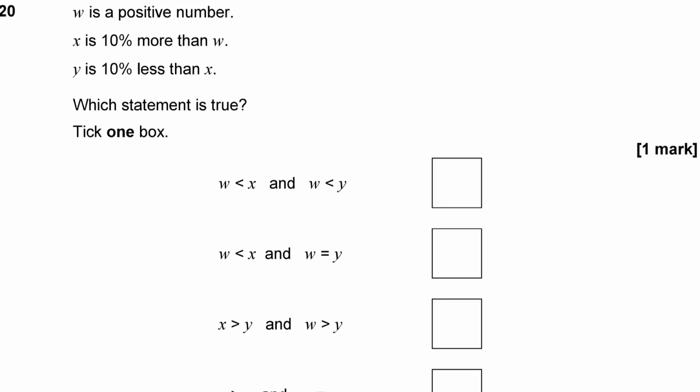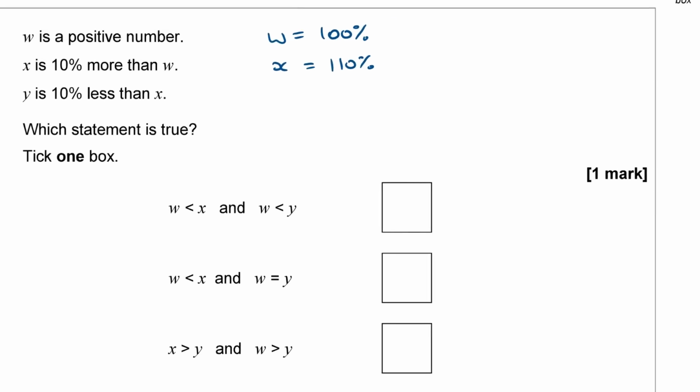Let W be 100%. Then X is 10% more than W. So X is going to be our 100% plus 10%, which is 110%. And Y is 10% less than X. Now 10% of 110 is 11.